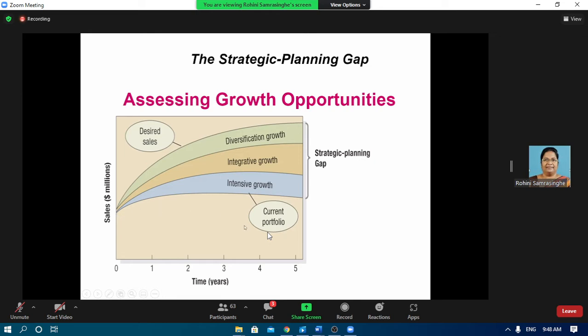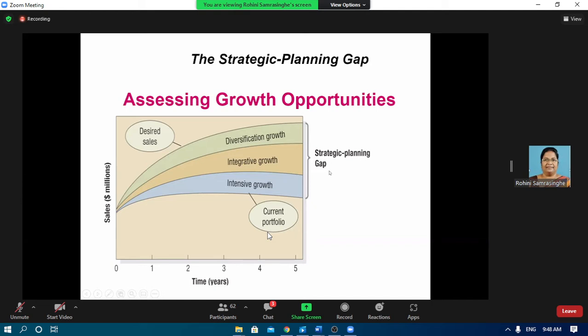Normally, through that time period, they can achieve that sales target. That is the projected sales, right? But their expectation is high. Their desired sales level is more than that. So between the desired sales and the current portfolio, you can see the huge gap. That gap is called the strategic planning gap, right?